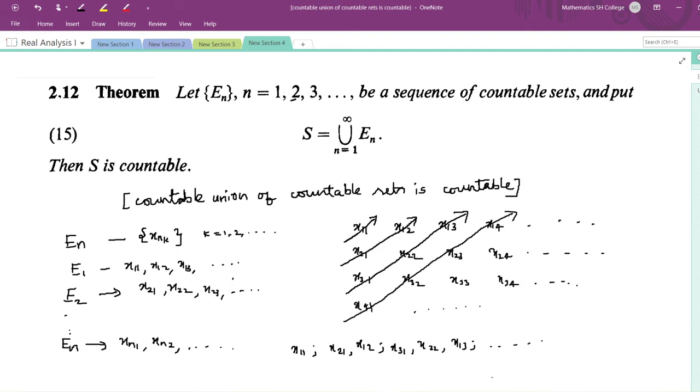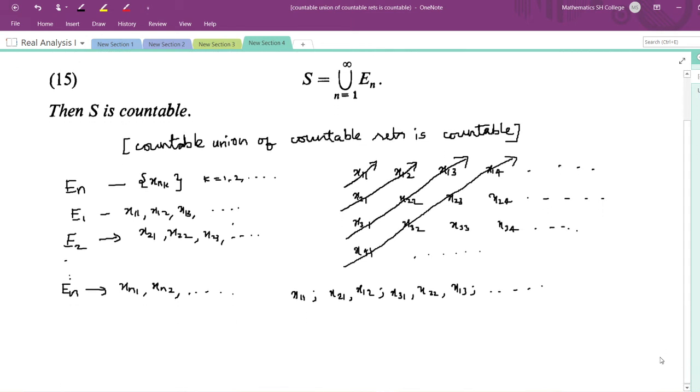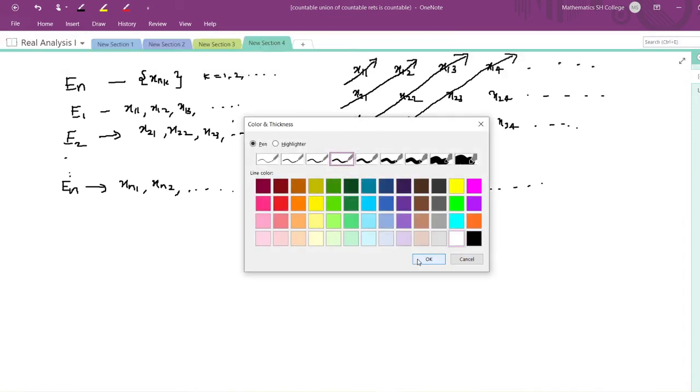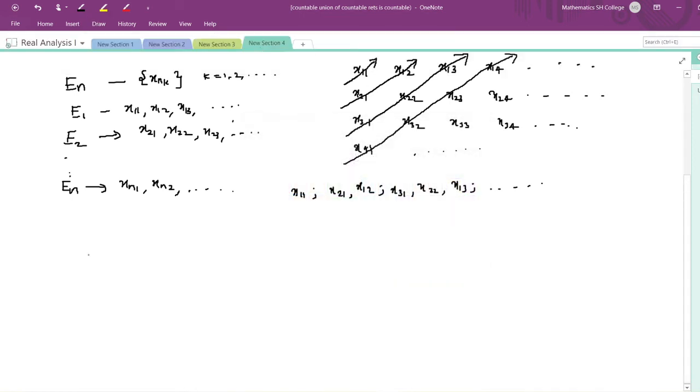So there is a subset T of the set of all positive integers, such that S is equivalent to T. I'm not sure that it will be equivalent to J, because some elements may be repeated.